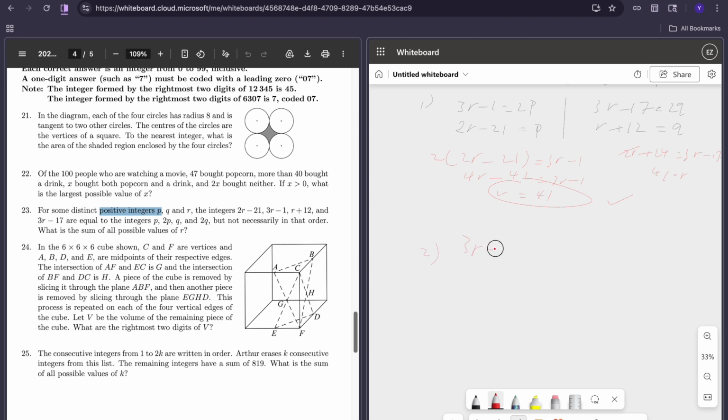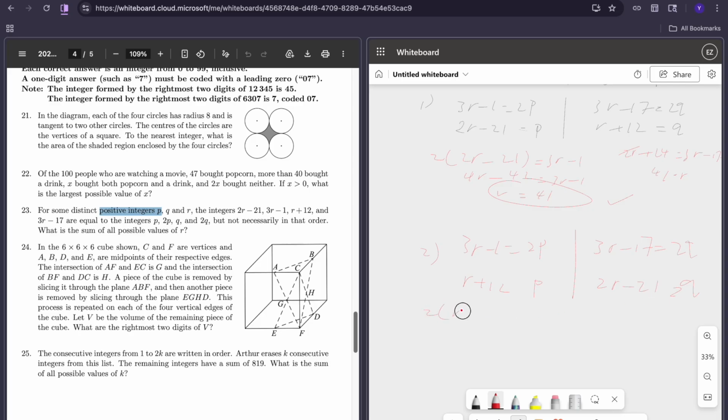And we consider our second smaller case, with 3r minus 1 still equal to 2p, but this time p is equal to r plus 12, and 3r minus 17 is still equal to 2q, but q this time is equal to 2r minus 21. So let us solve it.